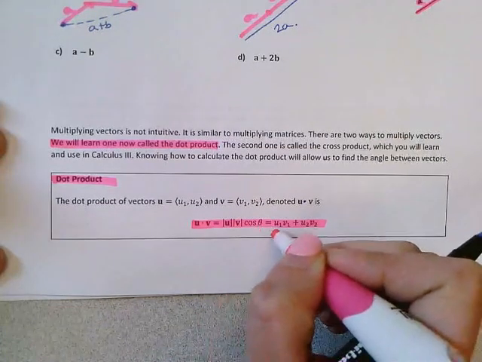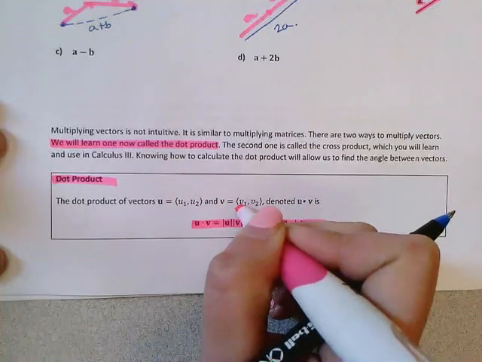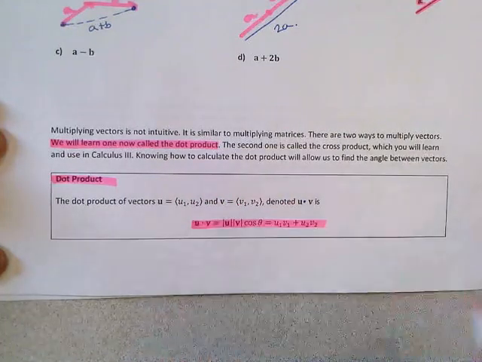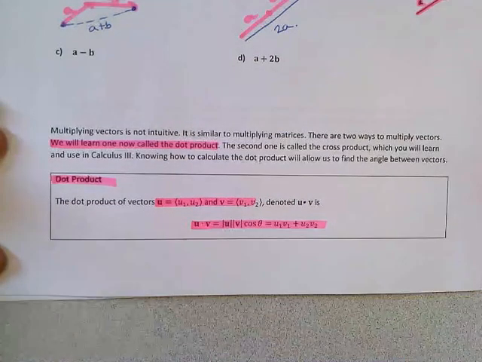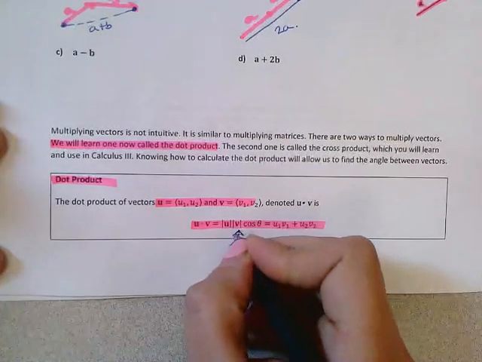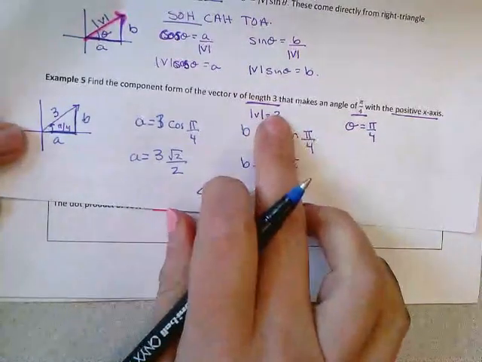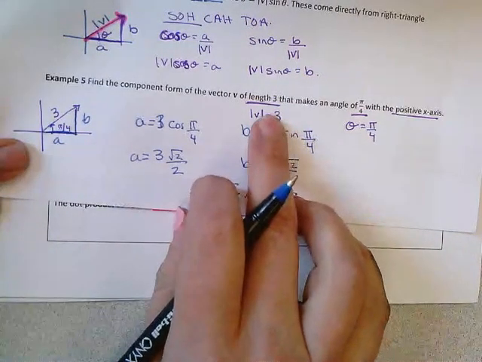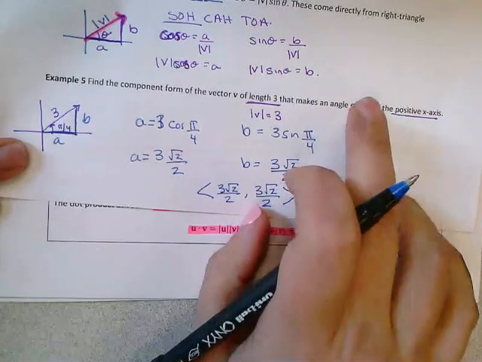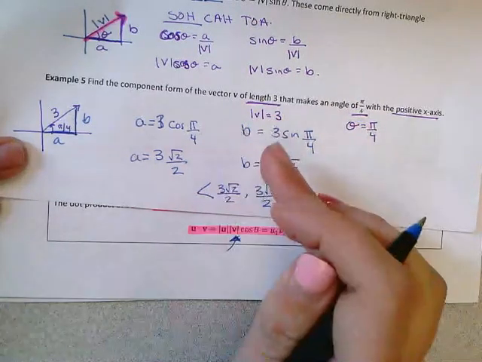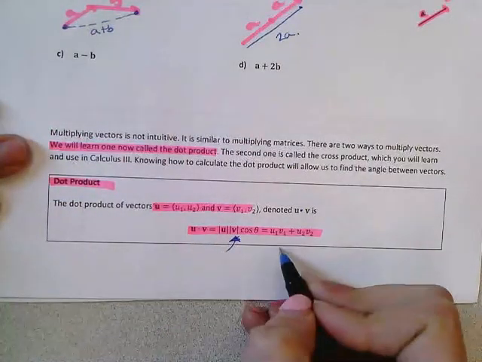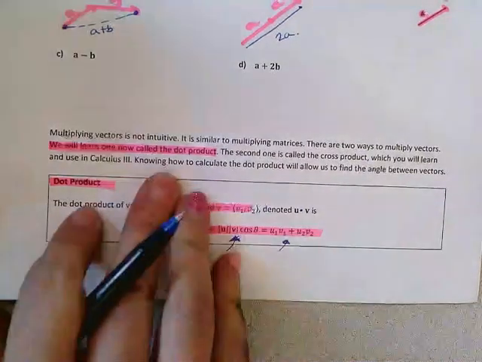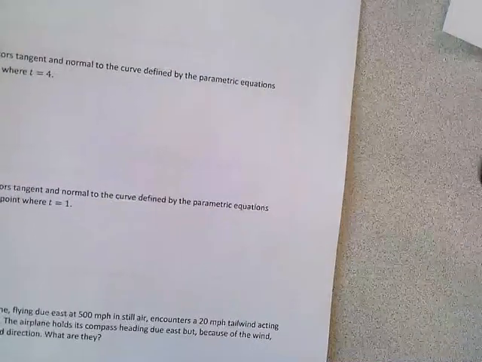Another way is to take u1 multiplied by v1, and u2 multiplied by v2. There are two ways to do it depending on what information you're given. I would use this one if I was asked to find the dot product of this example, because I'm given the length of v and the angle. Of course I'd need another vector, but you see why we would use this compared to using this. So let's look at some examples.